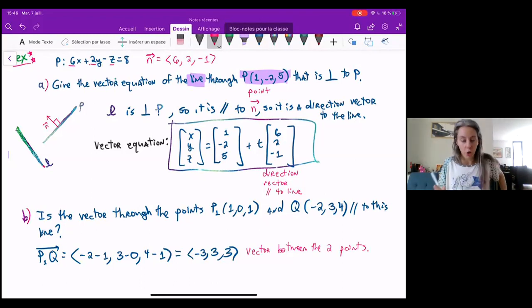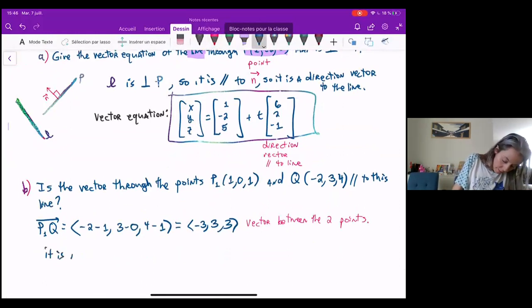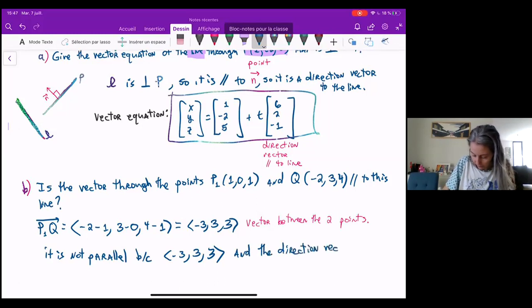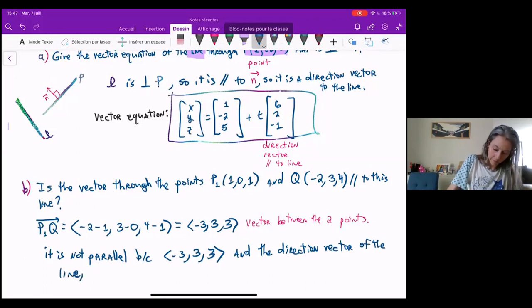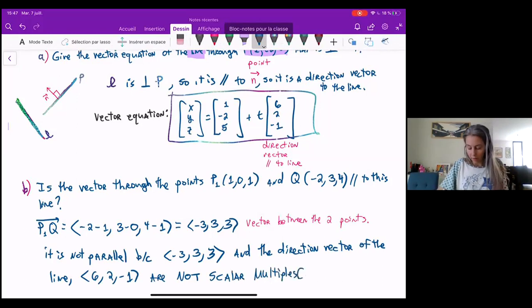Well, the answer here is no. So here we can just say it is not parallel, because (-3, 3, 3) and the direction vector of the line, which is (6, 2, -1), are not scalar multiples, and thus not parallel.